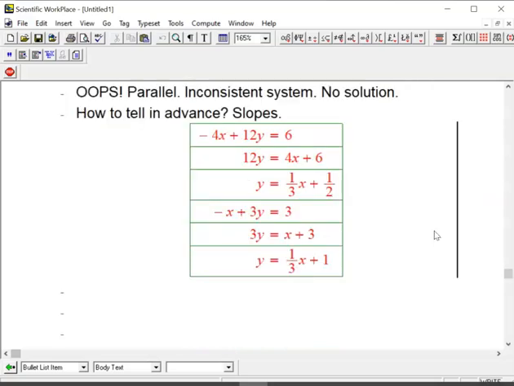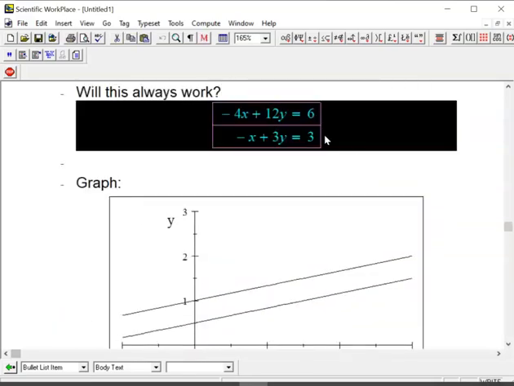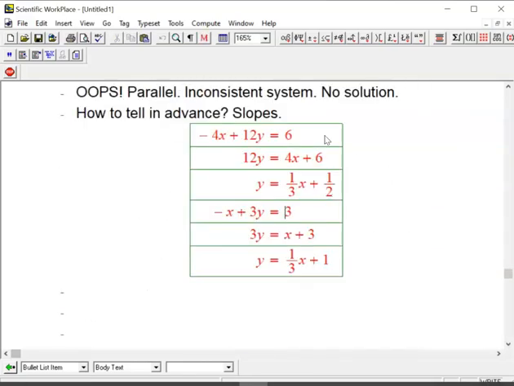If you ignore the possibility and try to solve these, I recommend always checking first before trying to solve. But what happens if we just actually tried to solve? For example, with the elimination method, let's multiply the bottom one by 4.